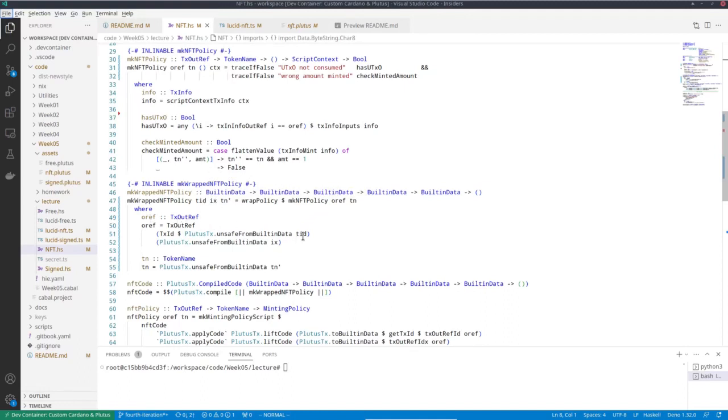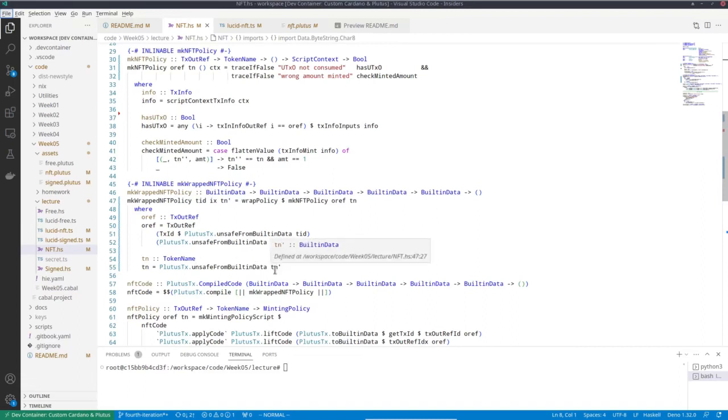So I take this built-in data, deserialize it as a string, and apply the transaction ID constructor to it. Transaction ID is just a new type wrapper around built-in byte string. For the index, I just deserialize it to get the int, and then I have my TX outref. For the token name, I just deserialize the token name.